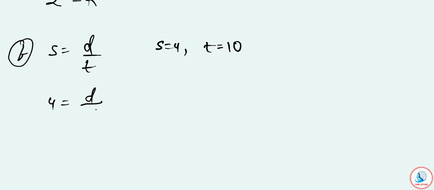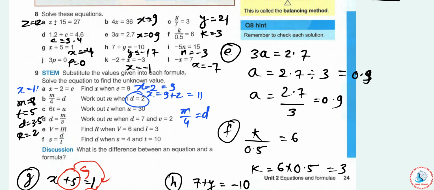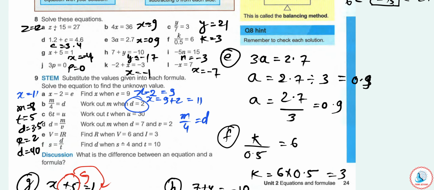We don't know the value of D, and the value of T is 10. So 10 is in division with D, right? So it will be in multiplication with 4, and we'll get the value of D, which is 40. So D is equal to 40 here.